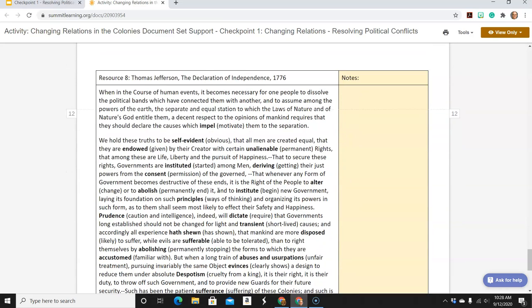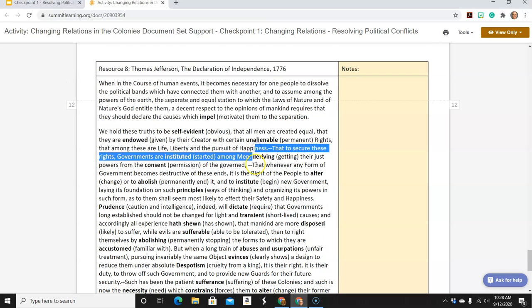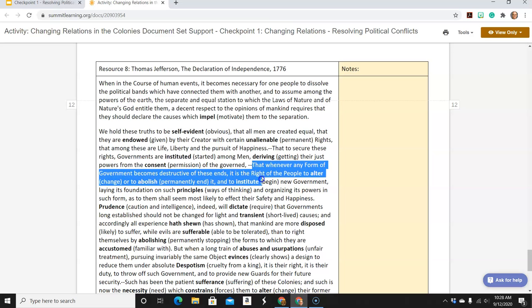Next, Resource 8 is the Declaration of Independence. Thomas Jefferson says many things. You definitely need to know life, liberty, pursuit of happiness, the unalienable rights. But in the Declaration of Independence, he's basically listing the reasons why the colonists are breaking up with England. So take a look where my mouse is. It says that whenever any form of government becomes destructive of these ends, it is the right of the people to alter or abolish it and to institute new government.